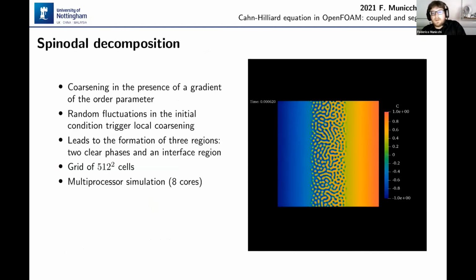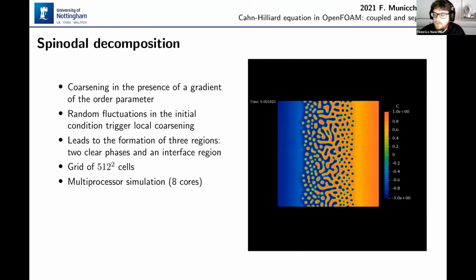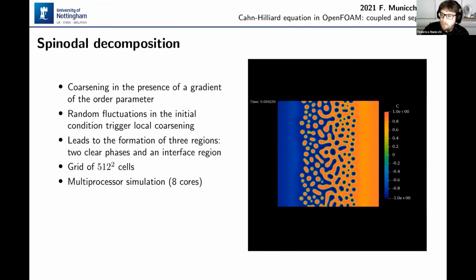Another test case I ran is a classic spinodal decomposition. Spinodal in the sense that your system travels towards the minima of the double-well potential, and you can see that, starting from a linear profile of the concentration with some perturbations, you have the spontaneous formation of droplets and bubbles, or structures.